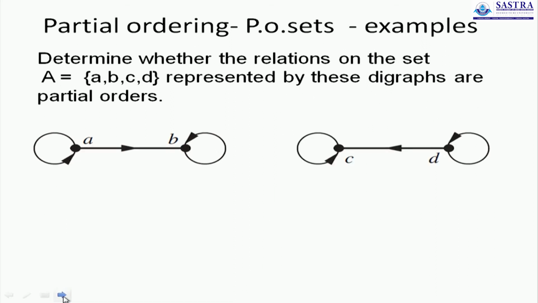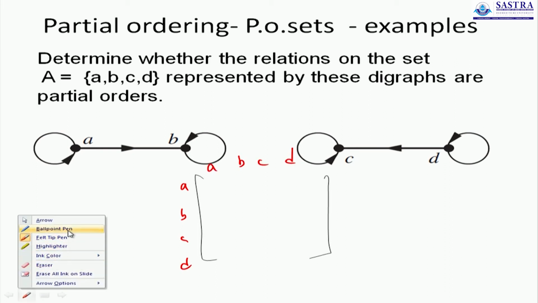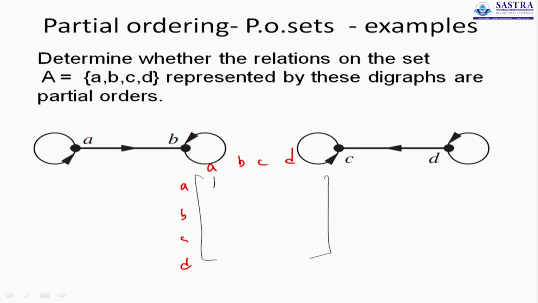Okay, let's have a look at this interesting example. There are edges only between A and B and C and D. So you have a 4 by 4 matrix once again, with A, B, C, D along the rows and A, B, C, D along the columns. You have A, you have AB, these two are absent.